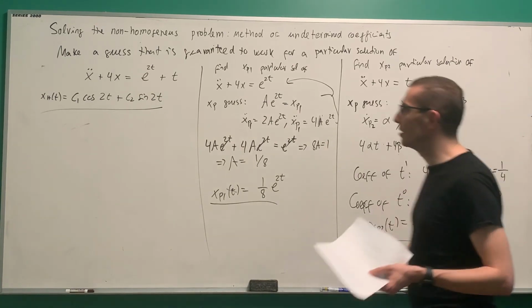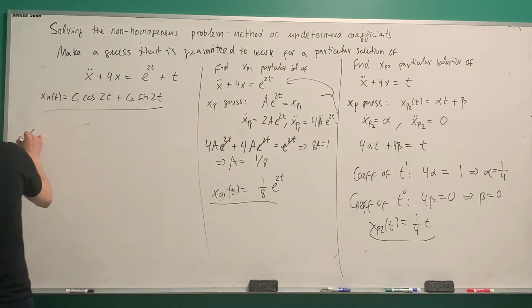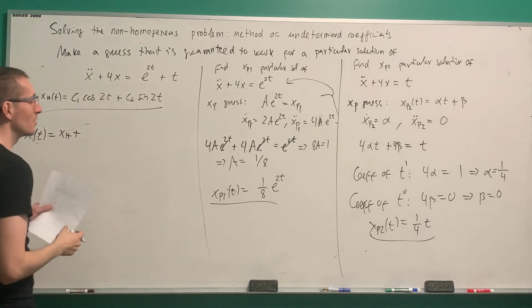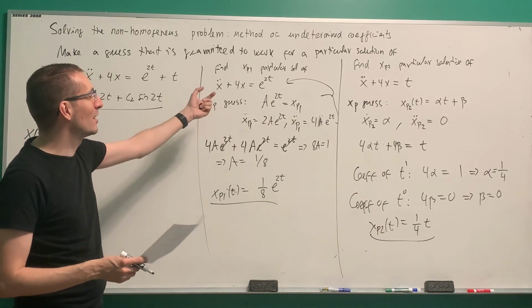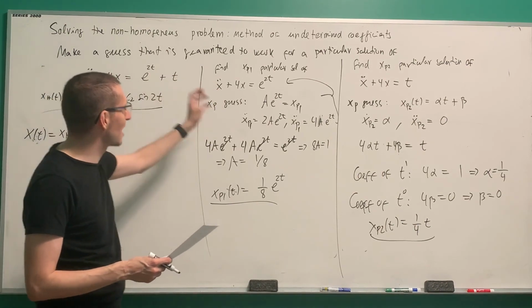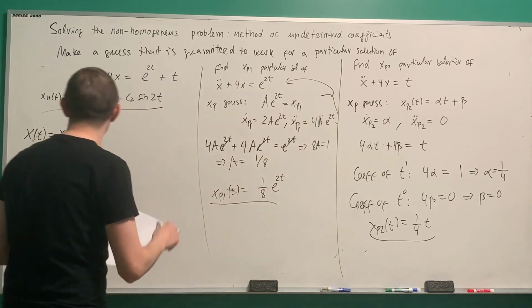Wonderful. If I combine the three of them to find the final solution, remember x of t is the sum of the homogeneous equation plus a particular solution of the full system. And because it's a linear equation, the particular solution to the full equation would be the sum of the particular solutions of the partial problems.